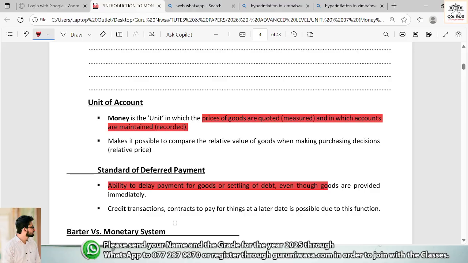Cash, money. This is called a standard of deferred payment. You don't say you'll pay with gold or bring something else. You promise the bank to pay in cash. These are the 4 functions of money. Any doubt? Anything? No?